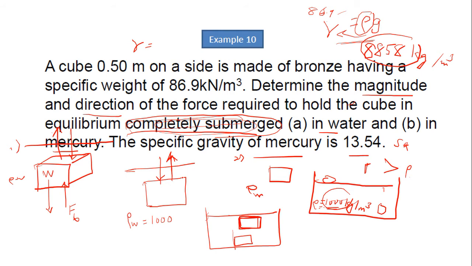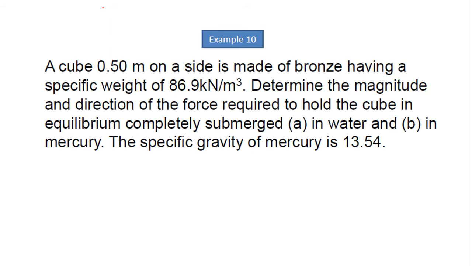Upward. Why upward? Density of mercury 1354, sorry, is it 1350? So this is your density of mercury.